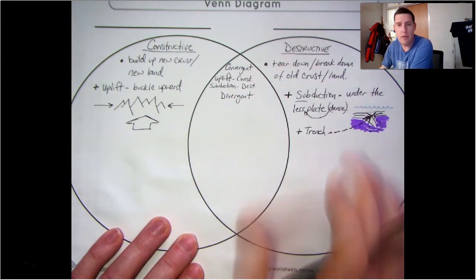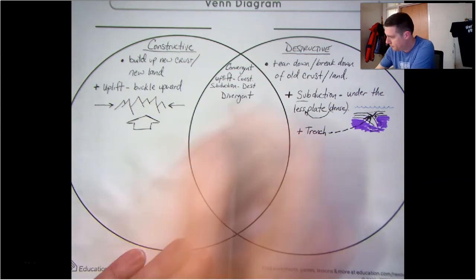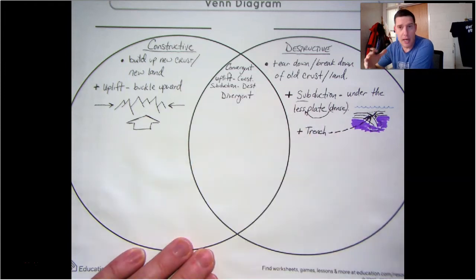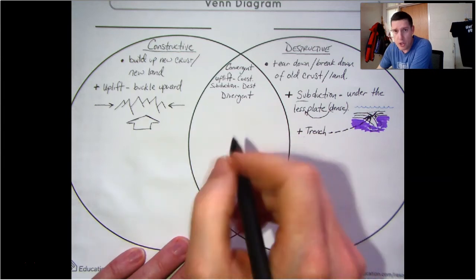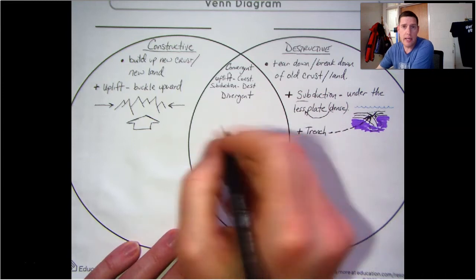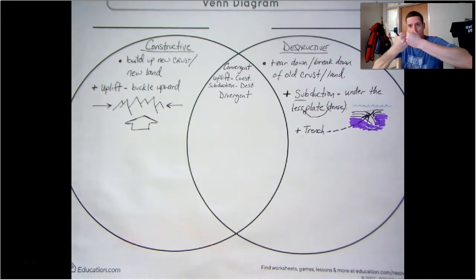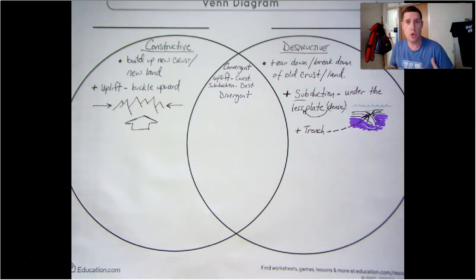Well, what happens if you have a landform that was made by a divergent boundary? Well, you've got some constructive and some destructive there too. With diverging boundaries, you have constructive because, just like in the Mid-Atlantic Ridge, which is an example of a divergent boundary, whenever you have that crust separating, you're going to have magma from underneath come in and fill those gaps and erupt and create new crust, whether it's on the ocean floor or on the ground.